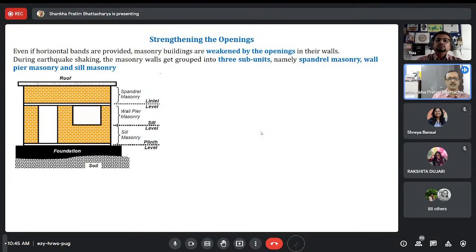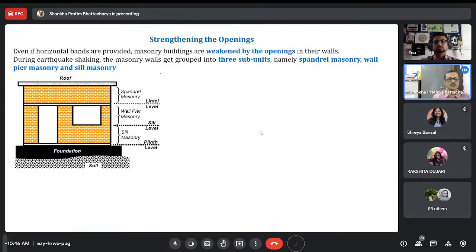A solid wall definitely has its own stiffness, and it will actively participate to protect from the earthquake loading.